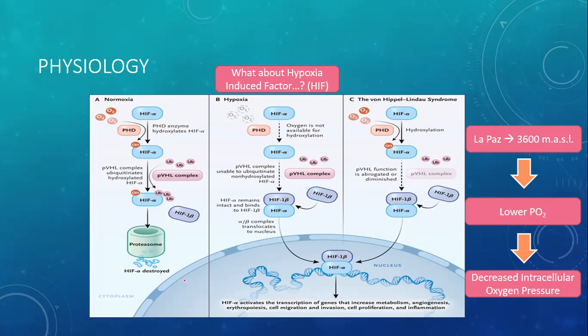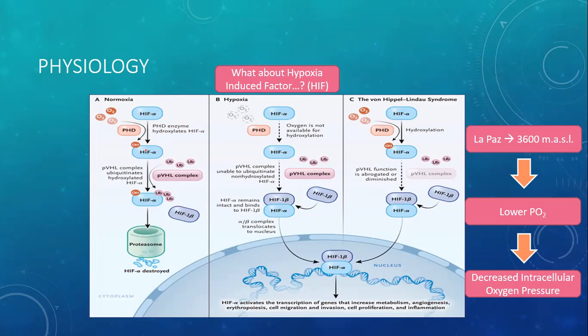Here we have the nucleus, the core, this round structure in light blue, and the white part would be the cytoplasm. Right inside our cytoplasm, we have a lot of molecules. One of them is the HIF.